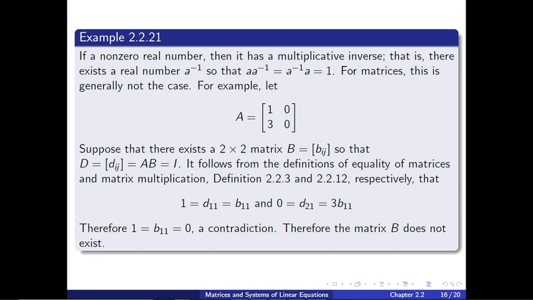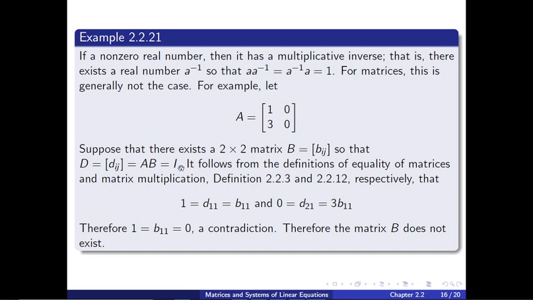But you'll see that if we try to do that, it follows from the definitions of equality of matrices and matrix multiplication that if you do the multiplication of A and B, where B is B11, B12, B21, B22, right?